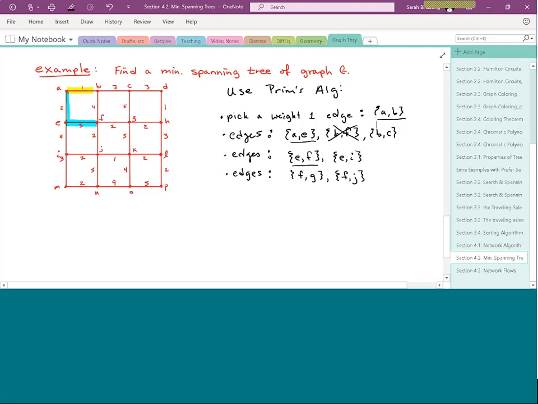Okay. Now, in this case, did we grab the new edges, FG? We did. All right. So now we have some edges we can look at. We can look at BC, FG, FJ, and EI. So of those, which have the smallest weight?